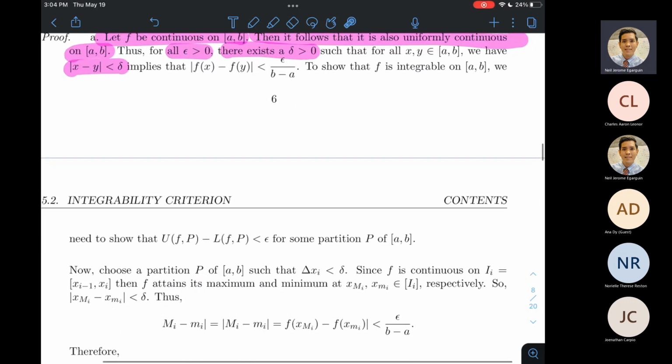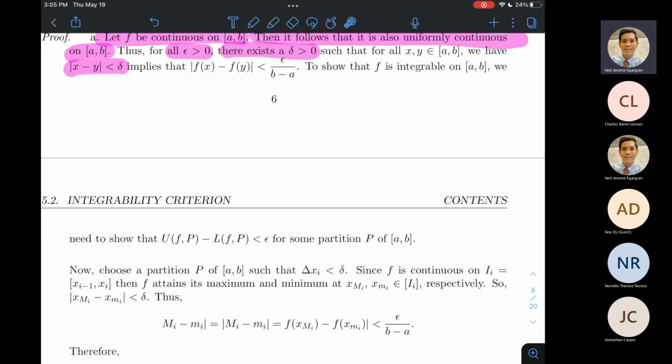Now, ang gagawin ko ay, meron ako ngayong given delta. Alam ko na yung delta ay nag-e-exist kasi nga may challenge na epsilon, laging may nag-e-exist na delta. Okay? So ngayon, ang gagawin ko, pipili ako ng kahit na anong partition inducer such that the lengths of all the subintervals will not exceed delta.